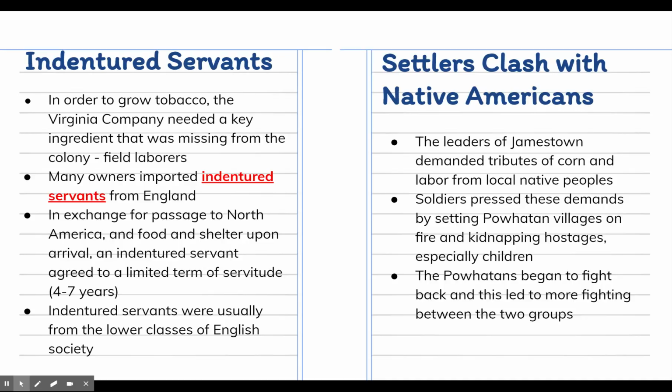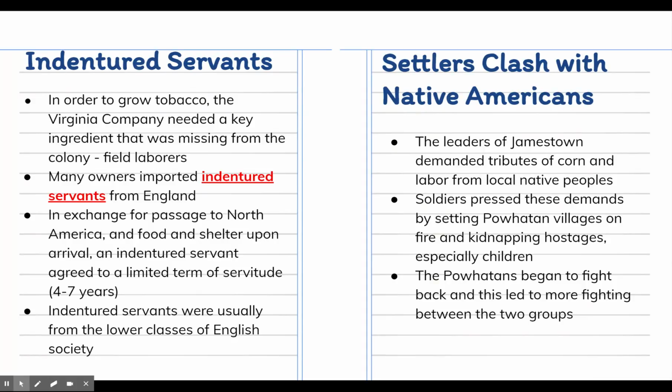Indentured servants. So in order to grow tobacco, the Virginia Company needed a key ingredient that was missing from the colony: field laborers. Many owners imported indentured servants from England. So indentured servants, if they're not slaves, okay, so indentured servants entered into this contract willingly.